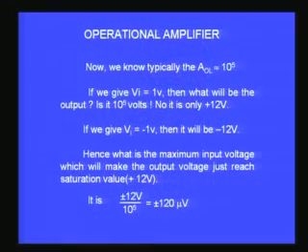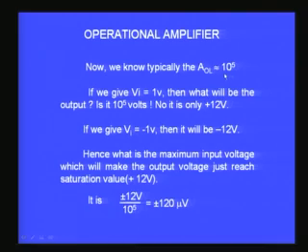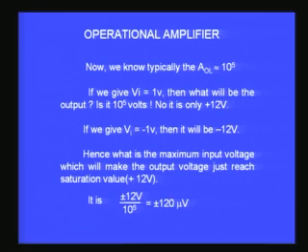We know typically for an operational amplifier the open loop gain is about 10 power 5. For example, in the case of 741, which is the most popular operational amplifier, the value is close to 10 power 5 or 100,000, that is the total gain, open loop gain without any feedback.